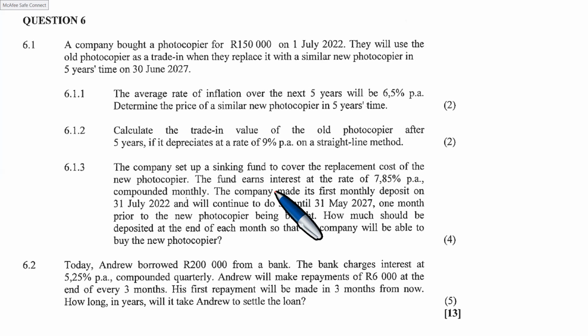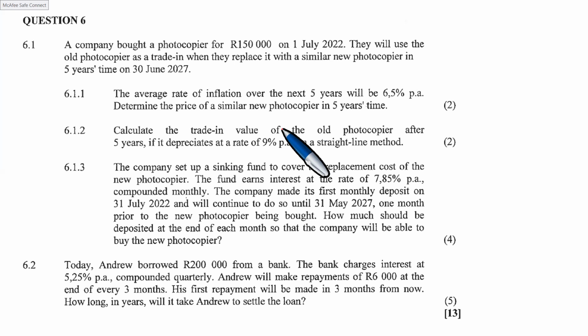Okay, so we have exactly that part there. And then we're asking the question: determine the average rate of inflation over the next 5 years. They're saying the average rate of inflation over the next 5 years will be 6.5% per annum. Determine the price of a similar new photocopier in 5 years' time.